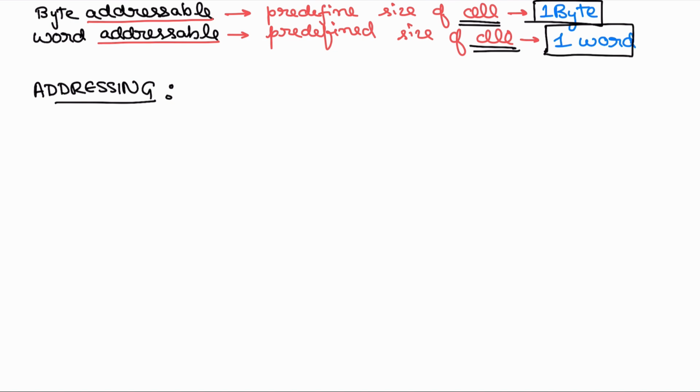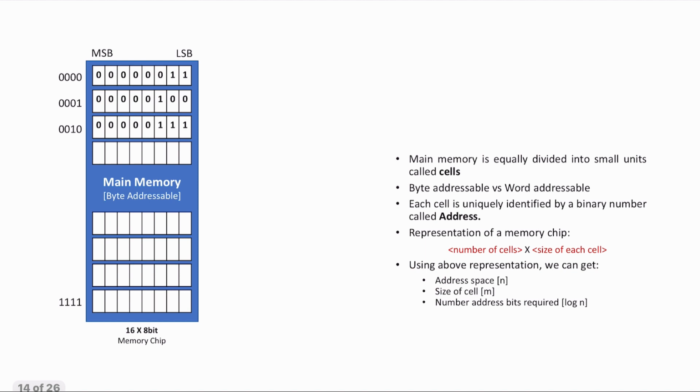So what is the atomic entity in main memory? The cell, right? The cell is the atomic entity in main memory. So we will have a unique index assigned to each cell, which we call the address.